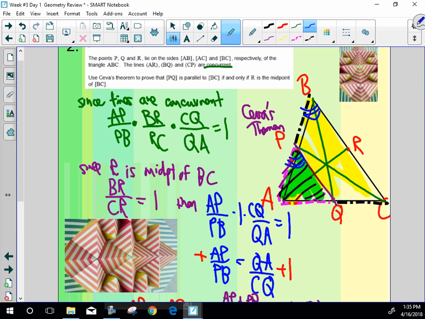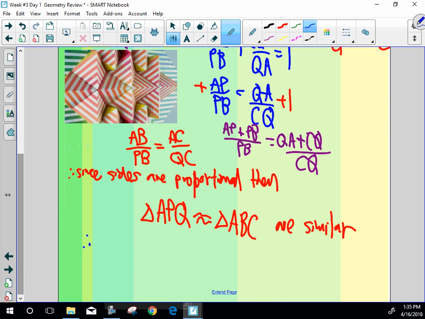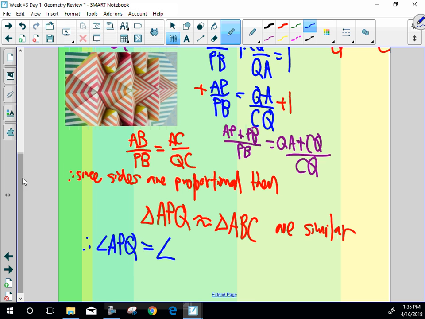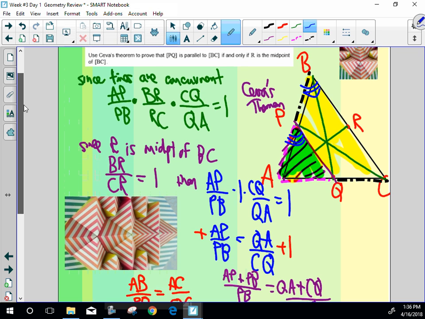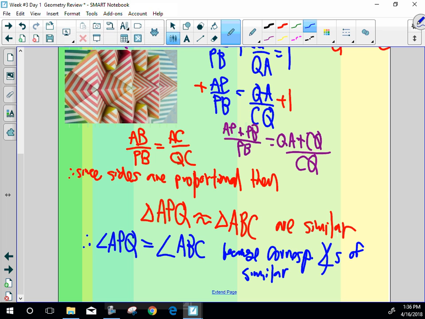So one more time, we did the sides proportional to make the triangles similar. Now, APQ, therefore angle APQ is equal to angle ABC, because corresponding angles of similar triangles are equal.